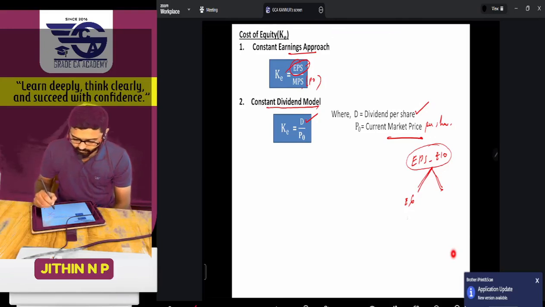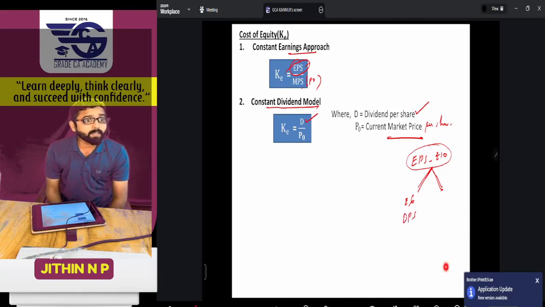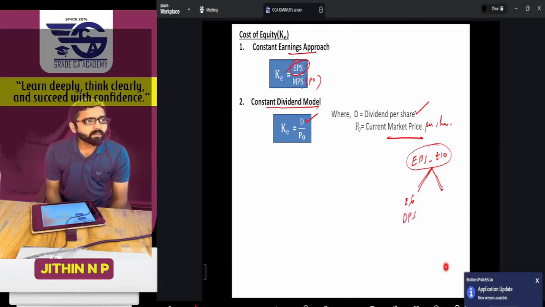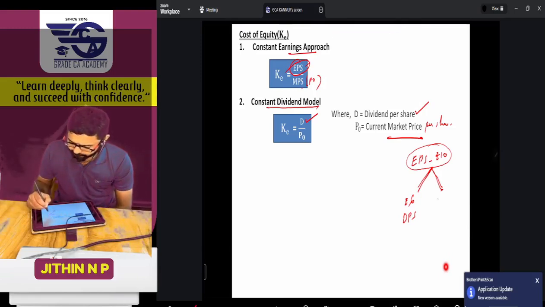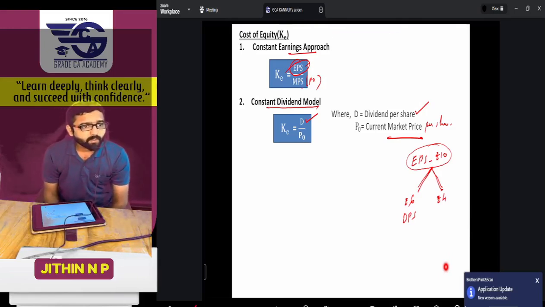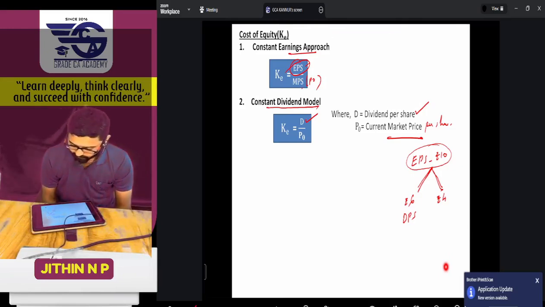This is called dividend per share, DPS. Clear? Rupees 4 the company retains in the business. That is retained earnings per share, rupees 4.